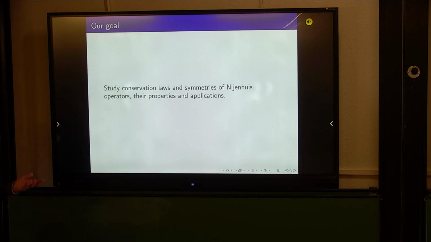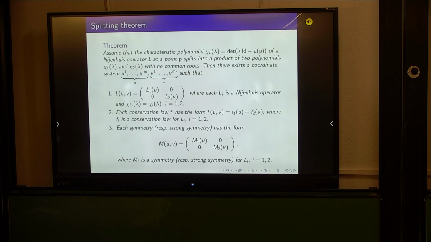All of them are not so difficult to prove, but it needs to be done. If you want to develop any kind of theory, there should be some background, and that's what I'm going to present now. The first result is a splitting theorem.